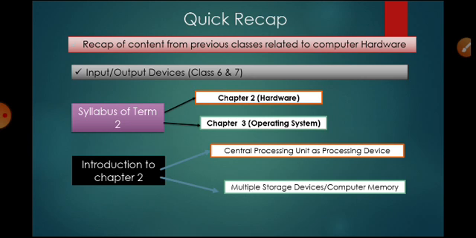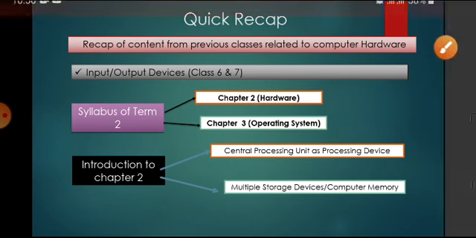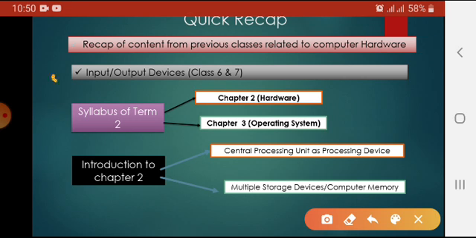First of all, let's have a quick recap from the content of the previous classes. In class 6th, we have studied about input and output devices. We all know that computer consists of two main parts.